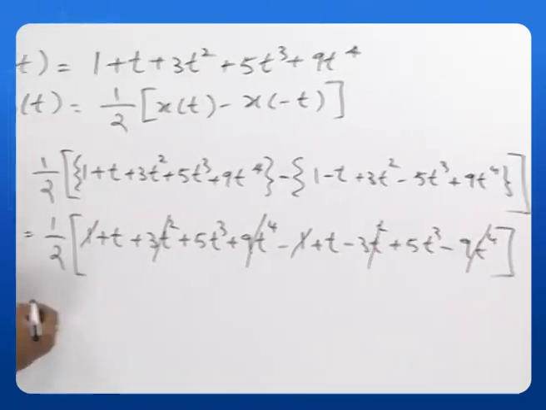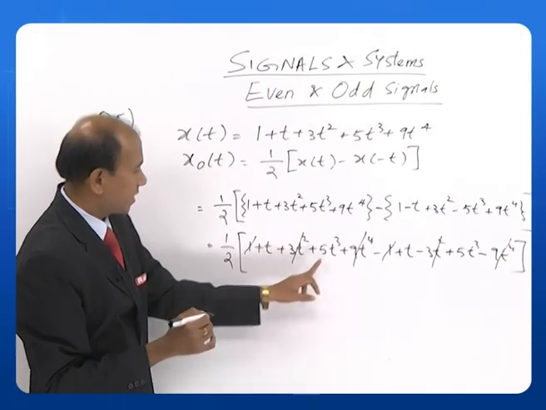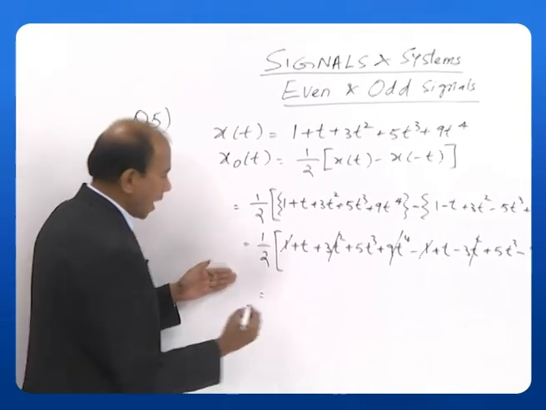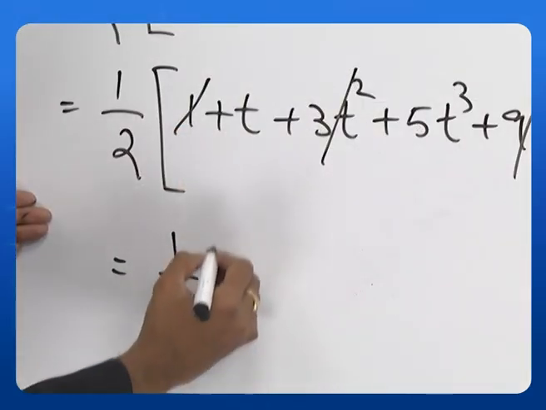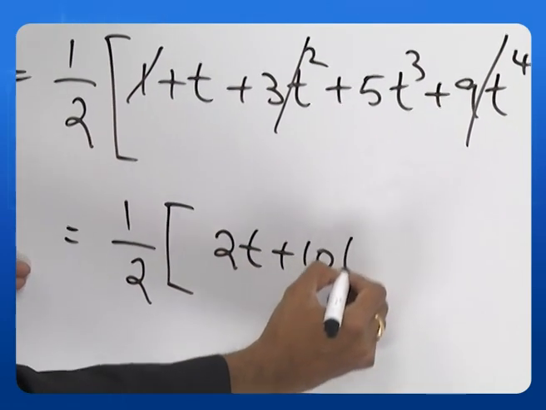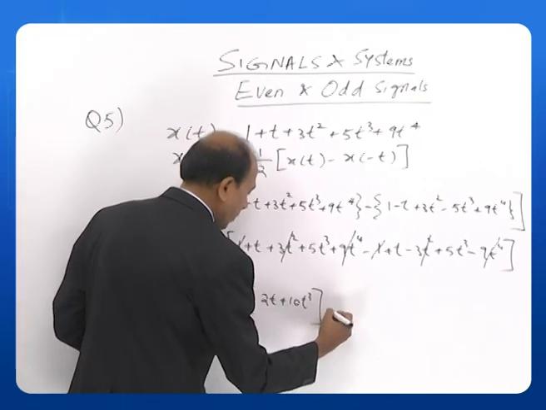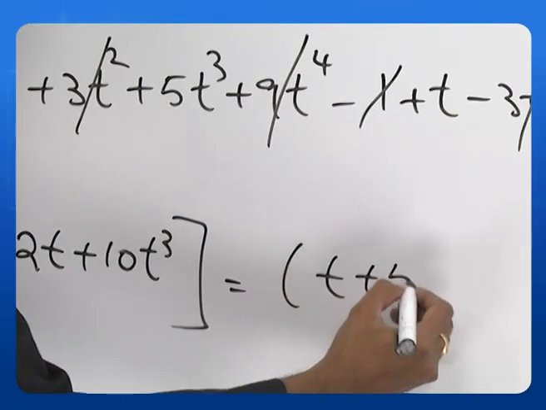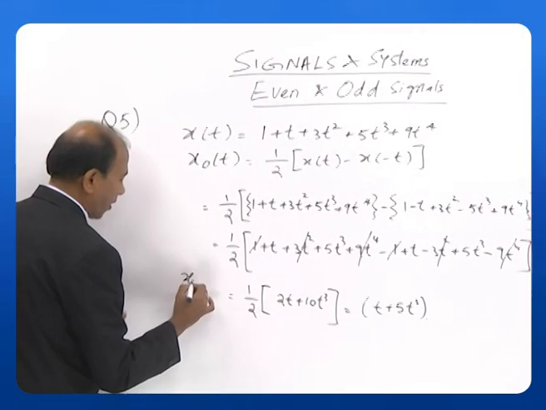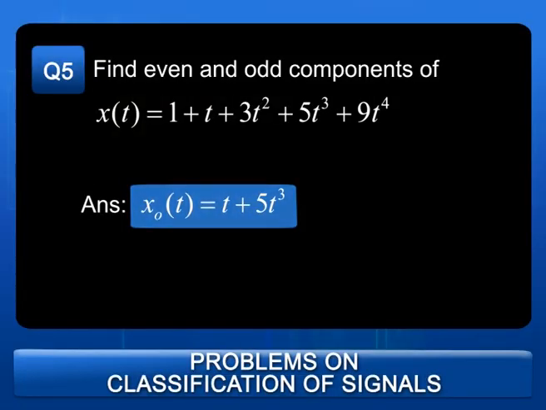So, the odd components are half of 2t plus 10t cube. Now, this is equal to t plus 5t cube. This is the odd component of the given signal.